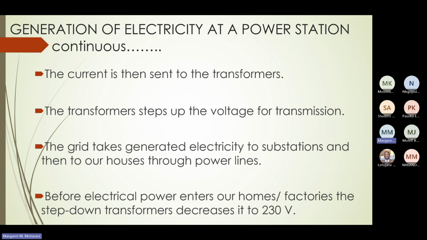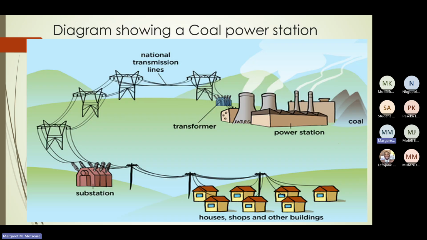Before electrical power enters our homes or the factories, the step-down transformers decrease it to 230 volts, which can be used inside our houses. So this is a pile of coal that needs to be crushed.